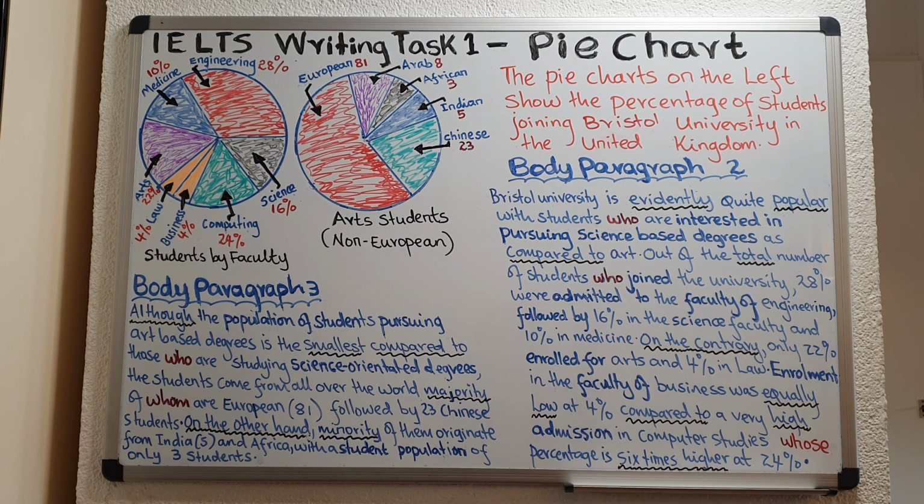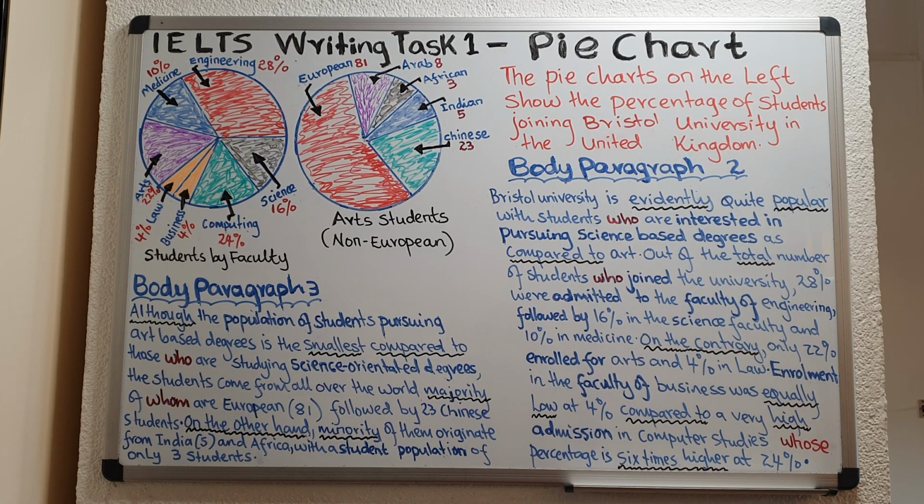Remember, in body paragraph 3, my key feature was the fact that the number of students who are studying art-based degrees is fewer than those who are studying science-based degrees. And that's why I started body paragraph 3 with a sentence, although.